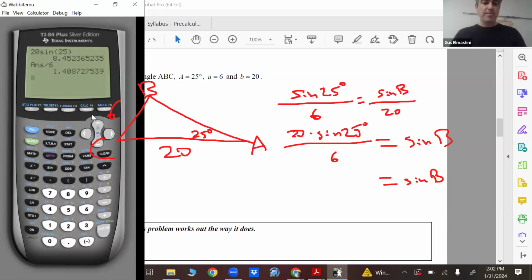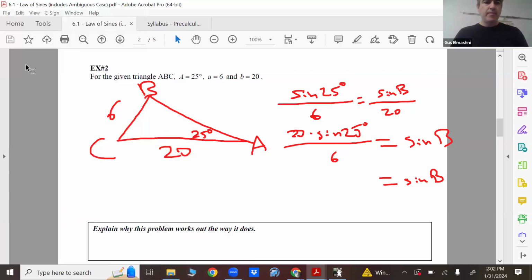Okay, this can't work either, because if you do the inverse sine of that, it's going to give you an error. So make sure I did it right. Sine 25 over 6. Yeah, I did it right. Okay, so 20 is just way too large. This just can't work. So you get 1.409.